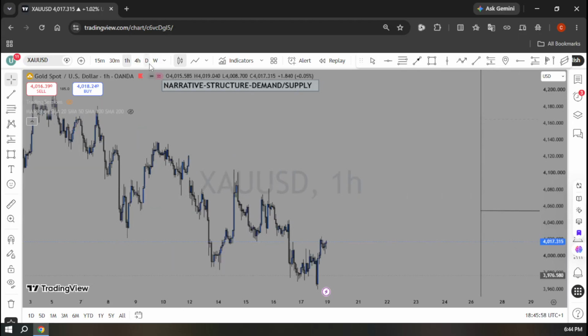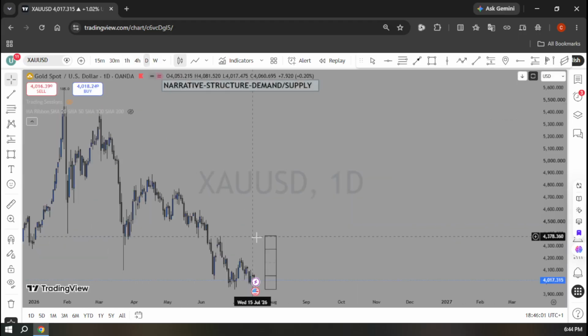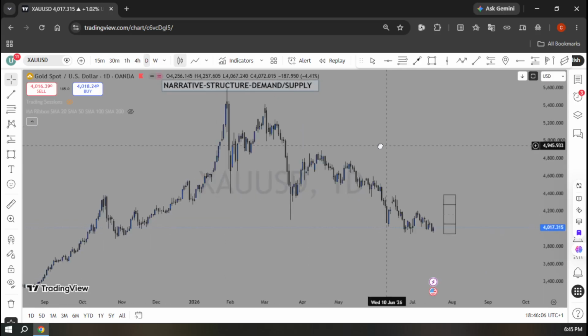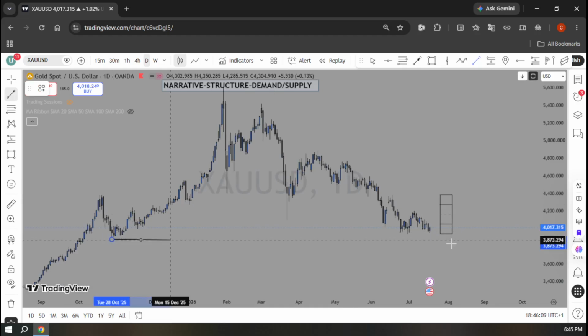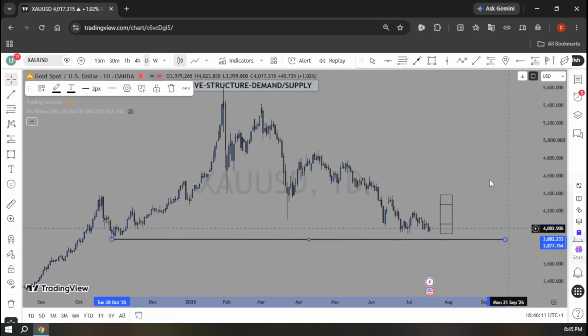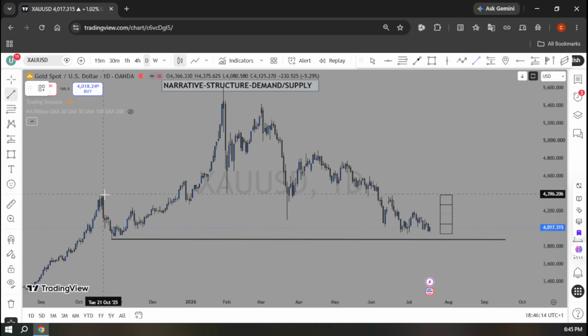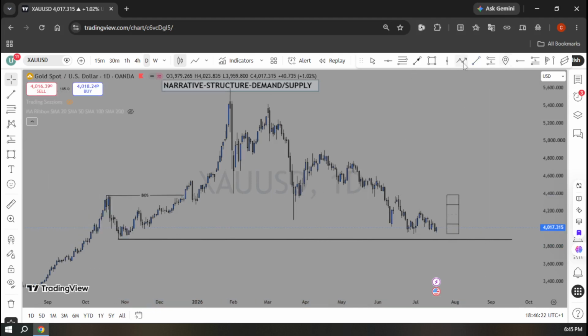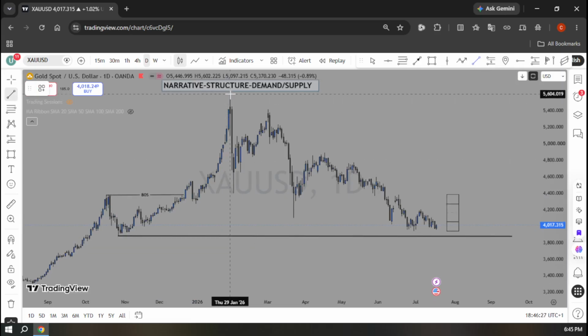Okay, on gold we have a clear dealing range already, and dating back we have this here, and this is a break of structure, and we have this here on the daily time frame, but we had a new break of structure right inside here.